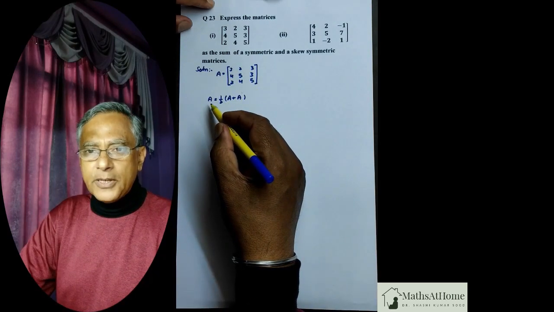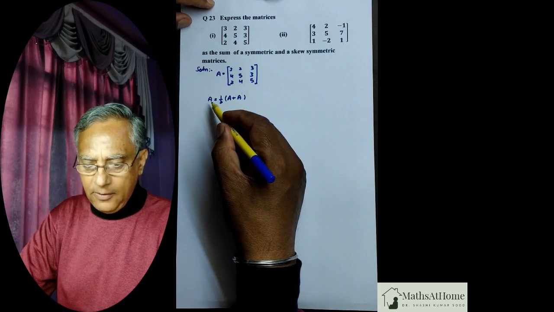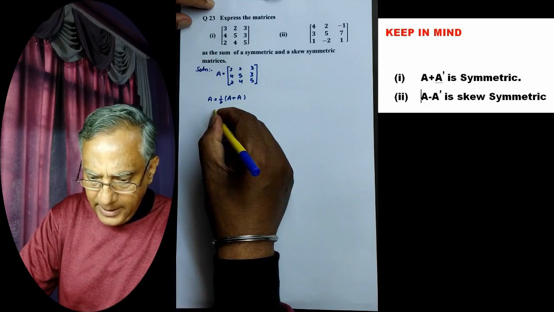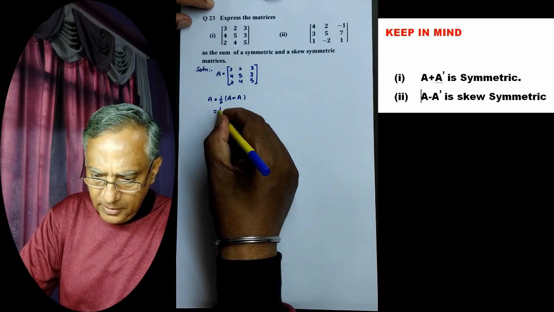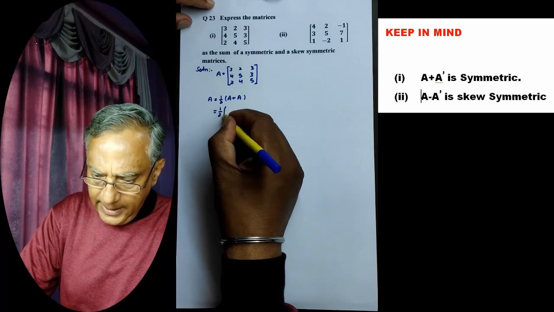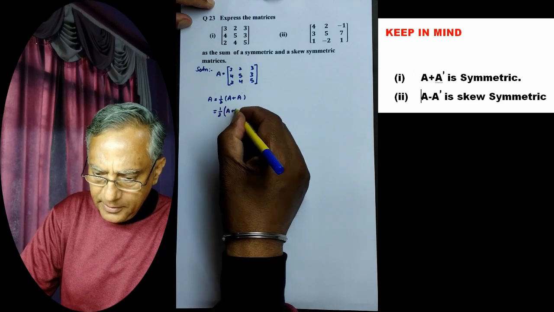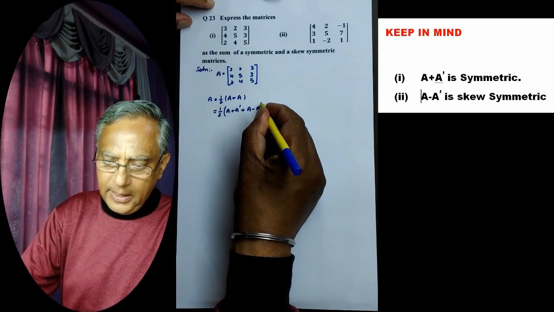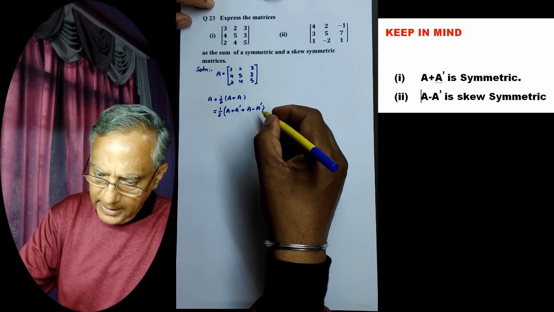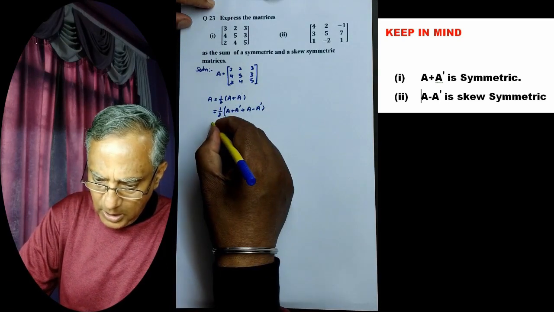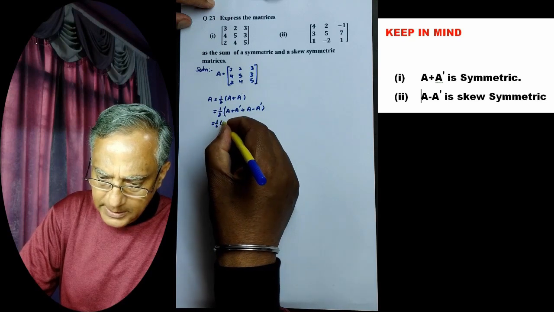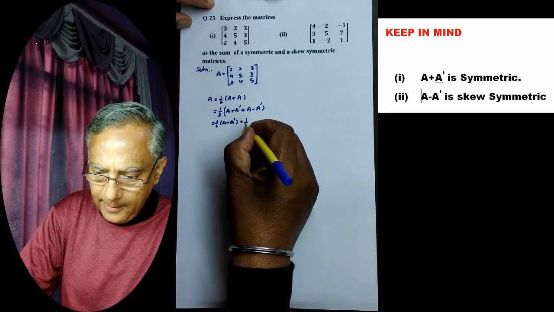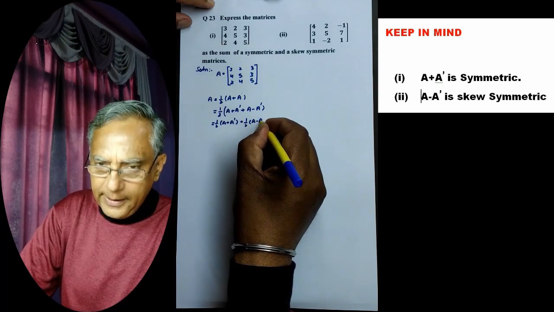As we did in the previous question, we can write A as half of A plus A, and add and subtract A dash. We will get A plus A dash plus A minus A dash, and this can be written as half A plus A dash plus half A minus A dash.